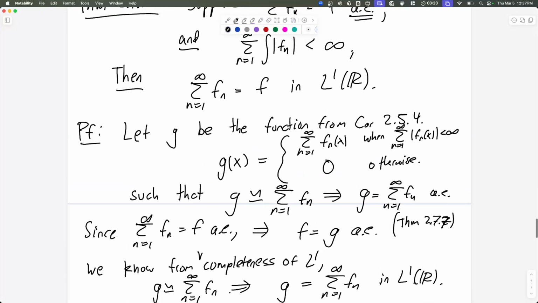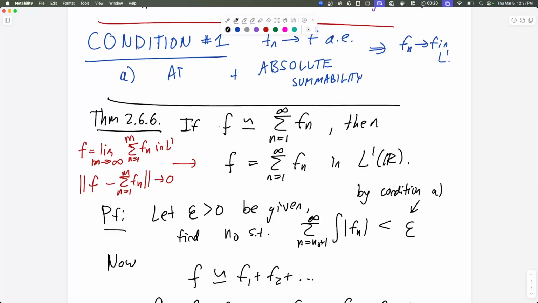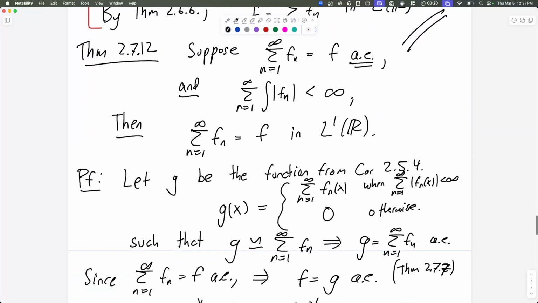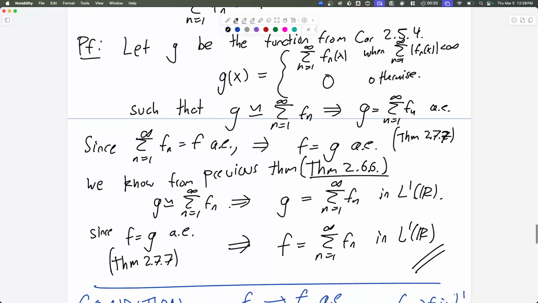Was it the previous thing we did? Ha! Okay, wait. Look, that was this theorem. Ha! Okay, I want this theorem. So let's replace this with that: from the completeness from the previous theorem, and it was theorem 2.6.6. Right? Yeah, that was the theorem that gave us the completeness. I guess we did the completeness as kind of a side quest. Okay, yeah, good point. Thank you.